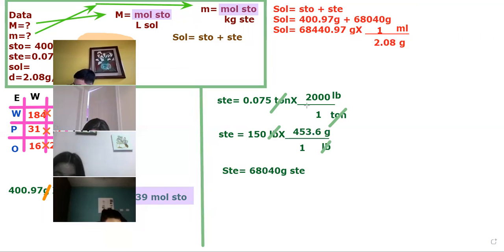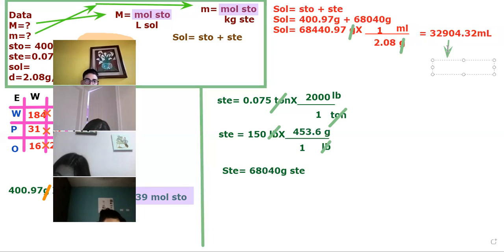You can cancel the units, grams with grams, and you are going to obtain the next answer, 32,904.31 milliliters. Only for the time, because I know that you can convert this very quickly. How many liters does this represent? It's just the division of this number by 1,000. So it's 32.90 liters of solution. That's it.